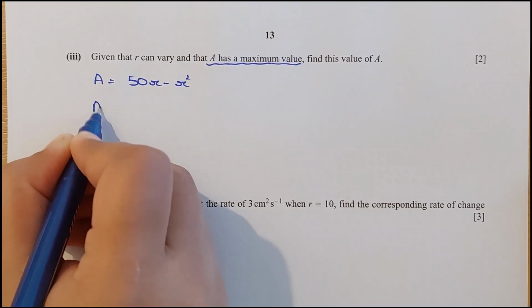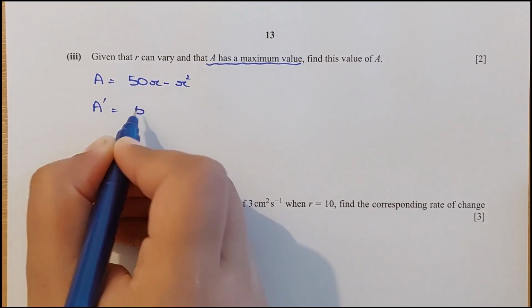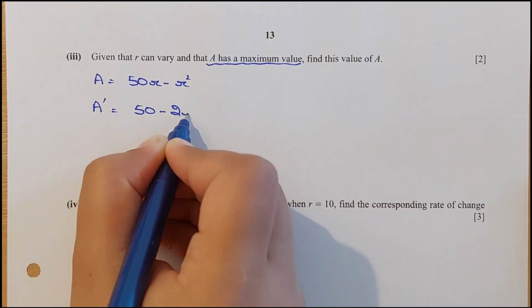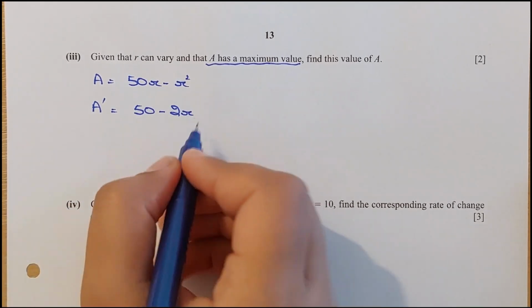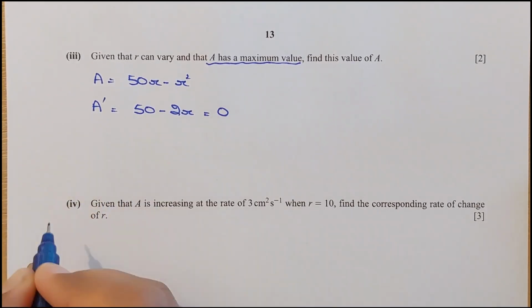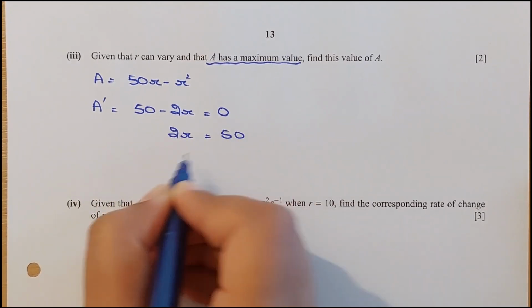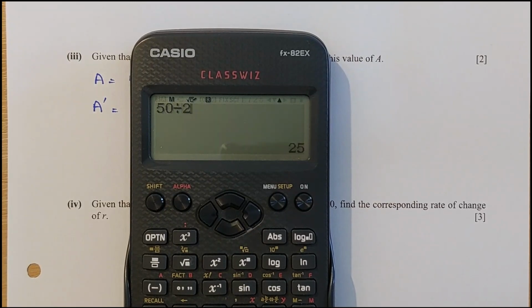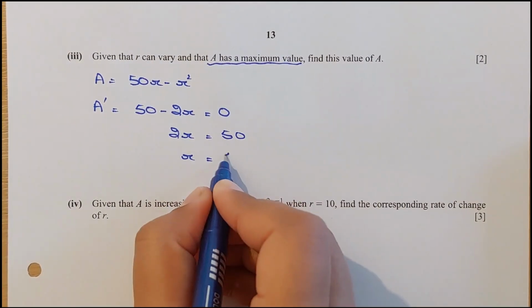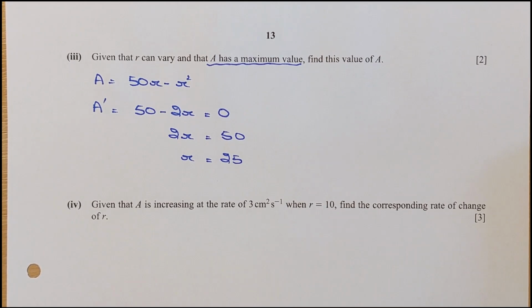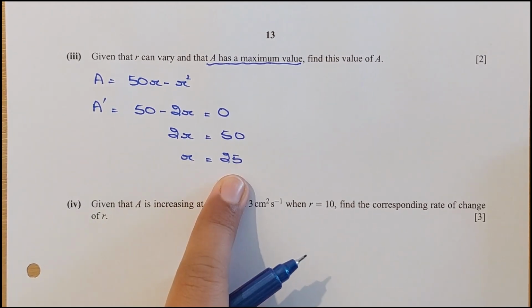What is A prime, the derivative of A? This is 50 minus 2r. To find the maximum value, we put it equal to 0 and solve for r. So 2r equals 50, and r equals 50 divided by 2, which is 25. So the r value is 25, a stationary point.